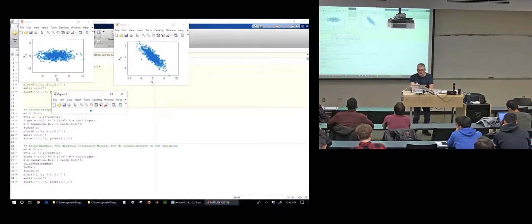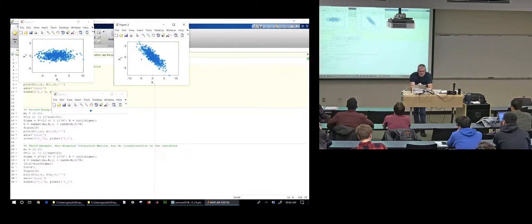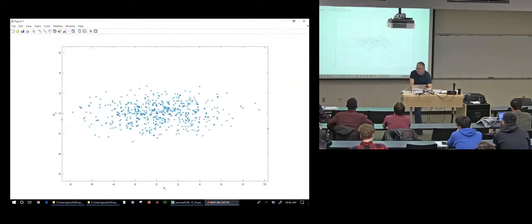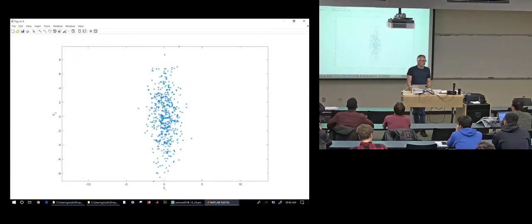So does this help to explain what a general covariance matrix is versus a diagonal covariance matrix? That helps?